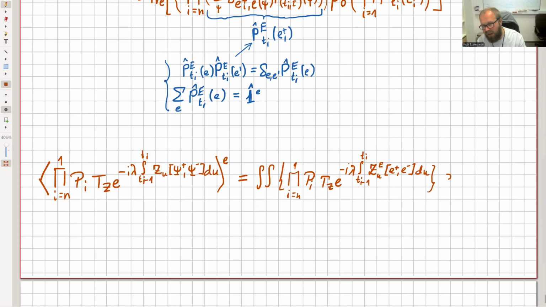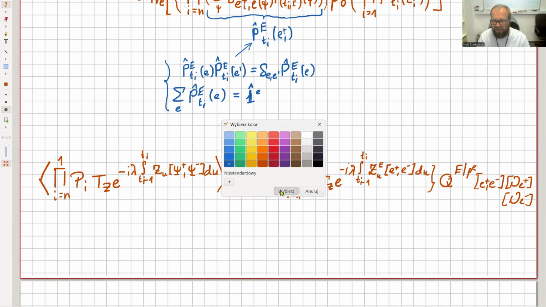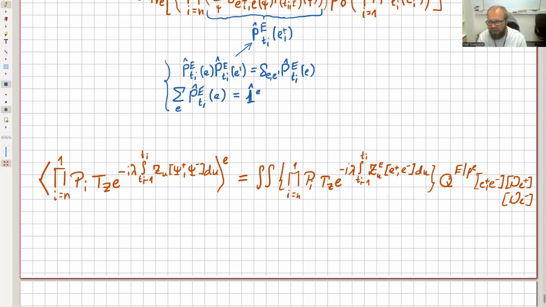Let's close this guy and average over our by probability associated with observable e plus, e minus, and this adjusted dynamical variable here. This is simply e plus at time u.